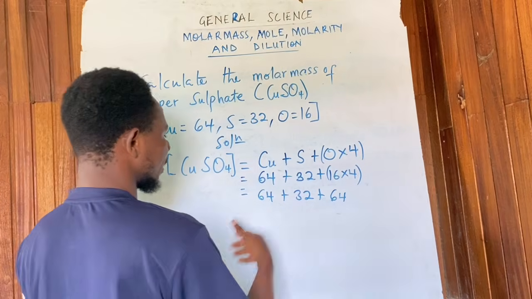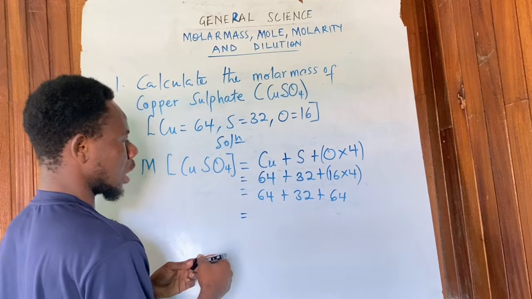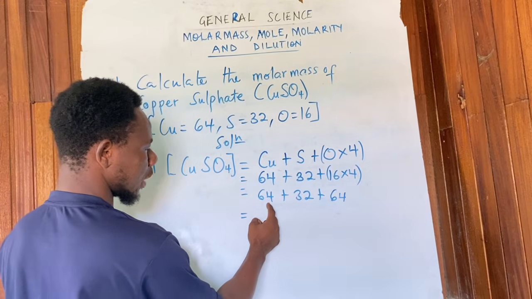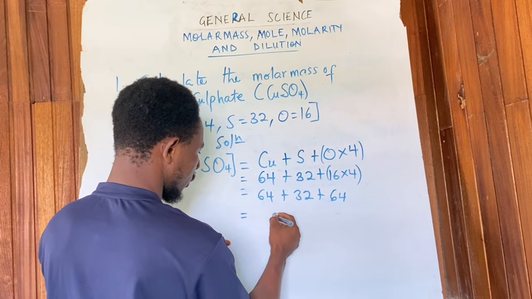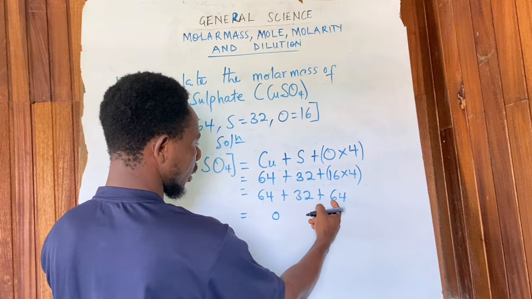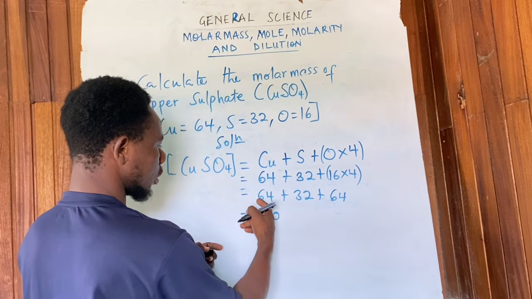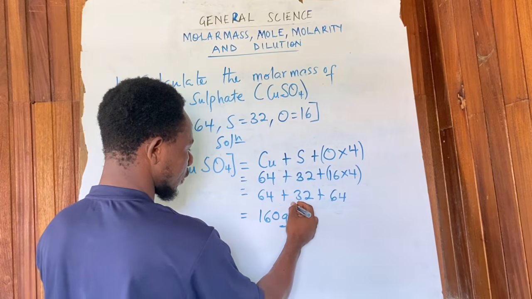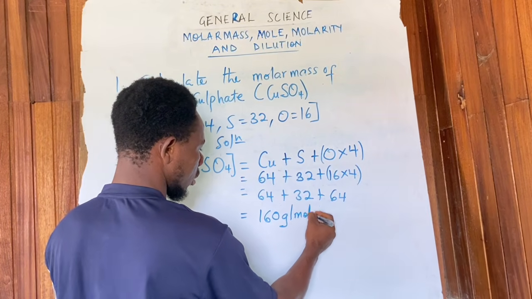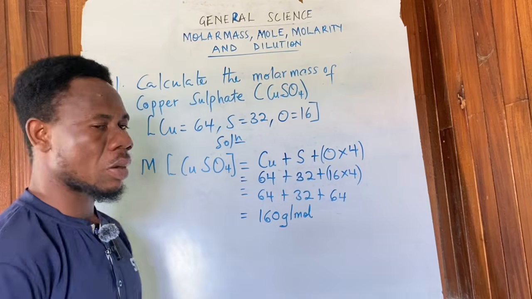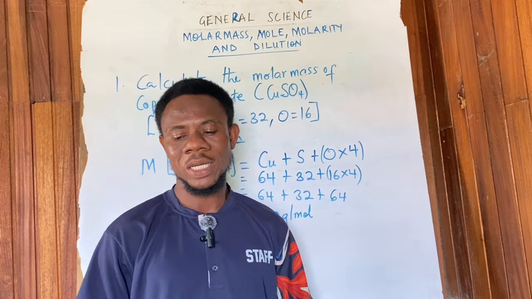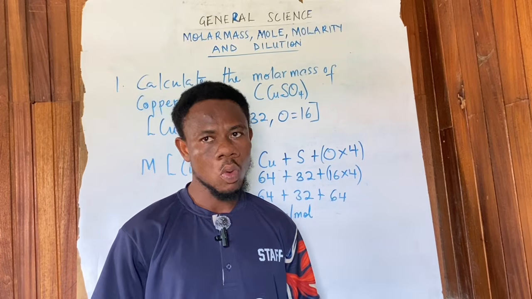Then we add these: we get 160 grams per mole. So the molar mass of copper sulfate is 160 grams per mole.